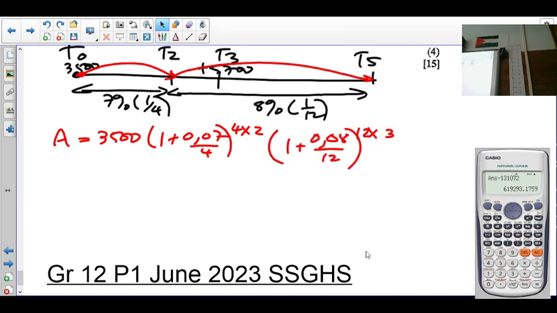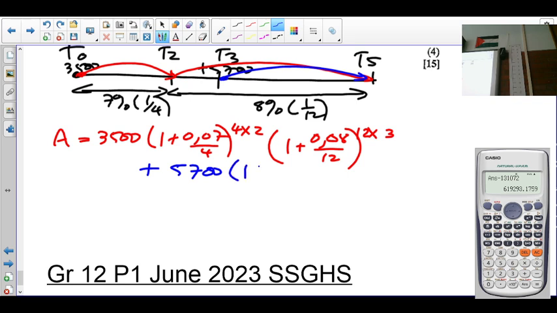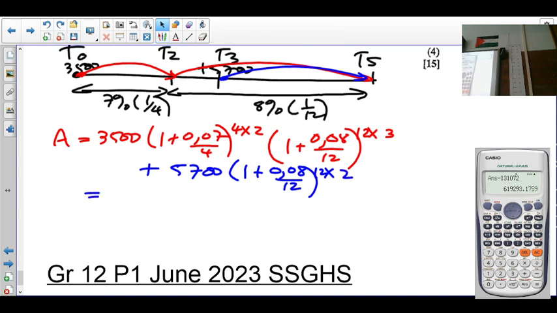Now I must add that 5,700 Rand all the way to the end, which is 1 plus 0.08 over 12 to the exponent 12 times, how many years is that? 2 years.